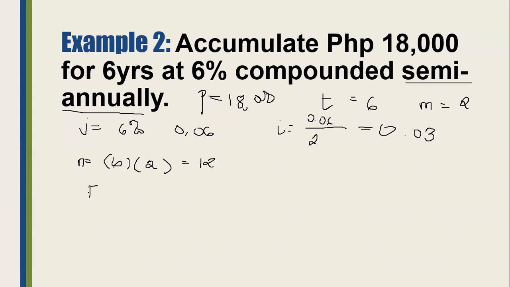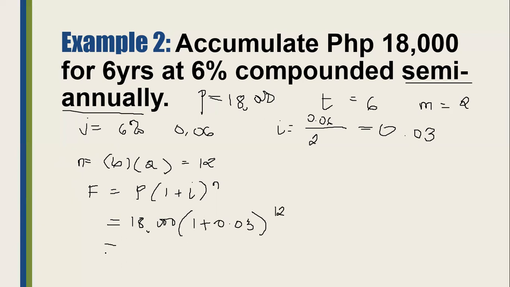And then substitute in the formula. F is equals to P multiplied to quantity 1 plus I, quantity raised to N. Our P is 18,000, multiplied by quantity 1 plus our I, which is 0.03, and our N is 12. So 18,000 times 1 plus 0.03, so we have 1.03 raised to 12.